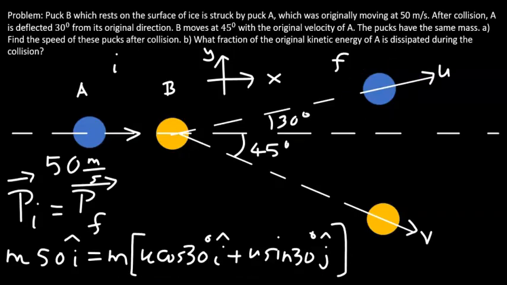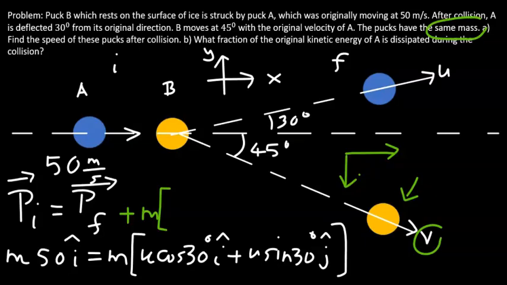To this, we shall add the final momentum of puck B, namely the momentum of puck B after collision. So its mass is also m because we are told that they have the same mass. The final velocity, of course, has two components, the x component of v going rightward and the y component going downward. So the x component is quite simply v cosine 45 degrees i hat.